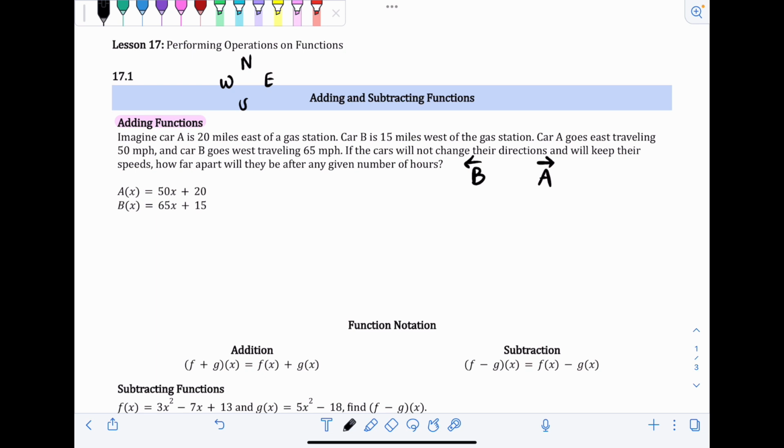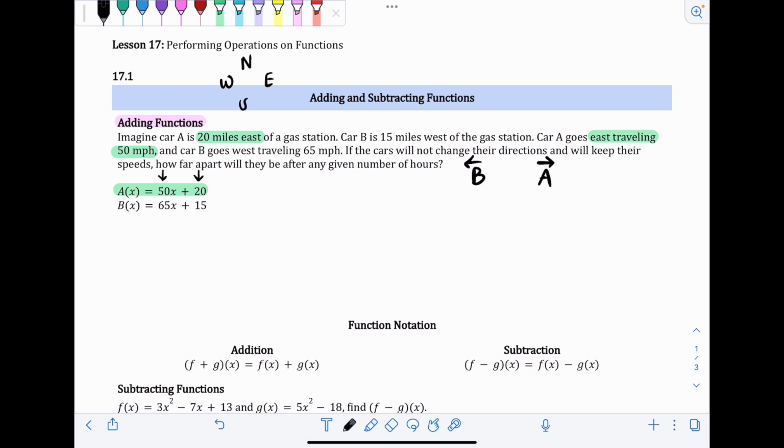That's what's given down here. So a of x is the function that represents car A's distance away from the gas station. So car A is starting off 20 miles east of the gas station. That's where this 20 comes from, the starting value for car A. And it's also traveling east at 50 miles per hour. So that's why we have 50 times x right here, because our rate of change is 50.